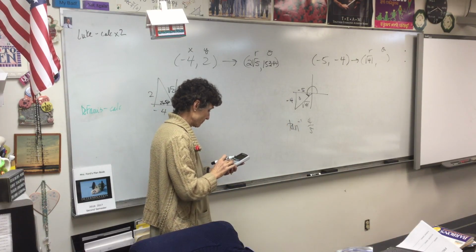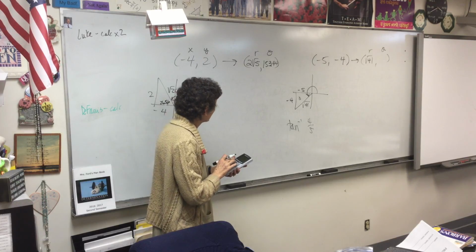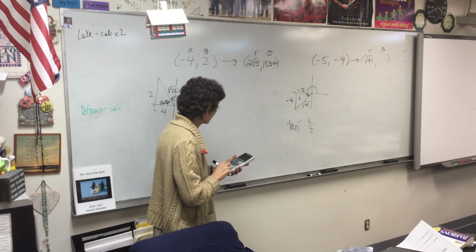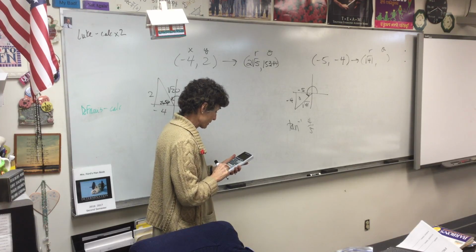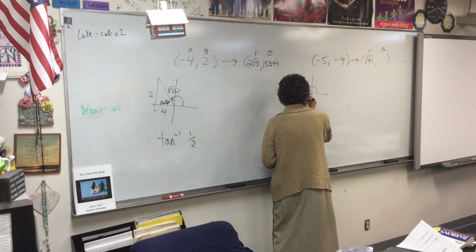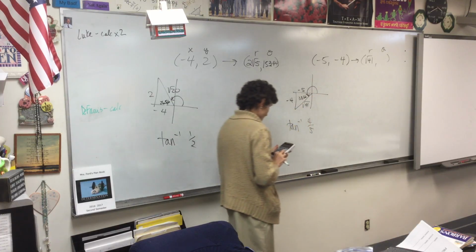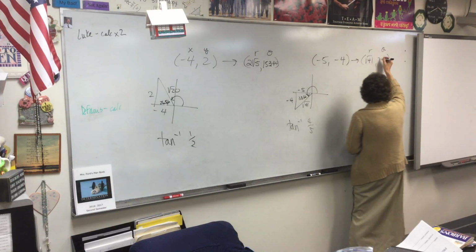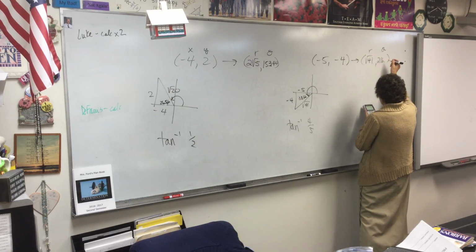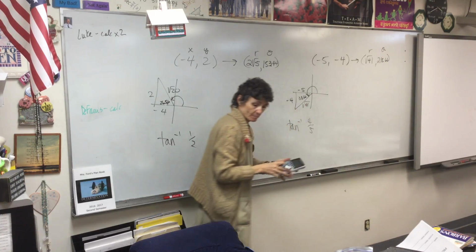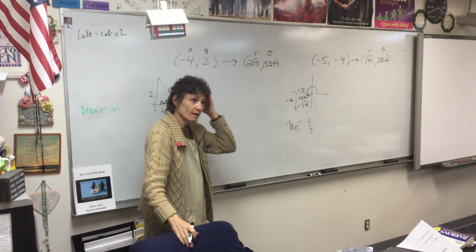No, because that's a 9, so it'd be 6. Oh yeah, it's 38. Second tangent. So I got 38.66. But I need to add 180 to that. So my r and theta would be 218.66. Is that right?